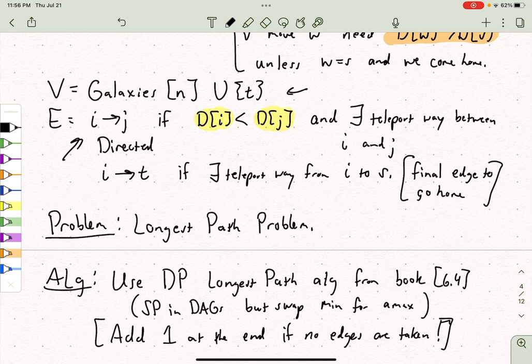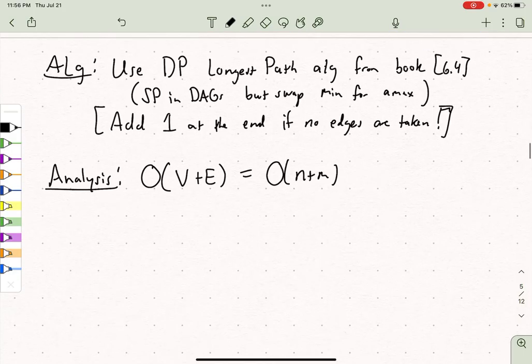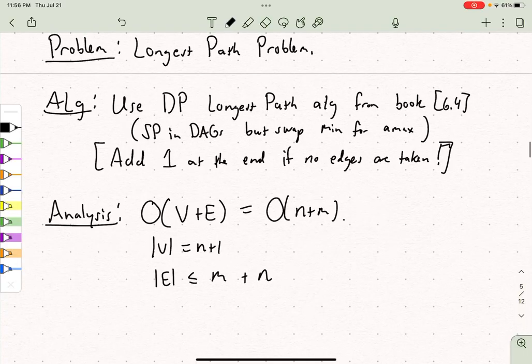We've only removed edges from the graph so that it's clearer which ones are allowed and not. So overall, number of vertices is n plus 1, and the number of edges is at most m. And then we also have the extra ones from everything to t. So that could be at most an extra n. So overall, it's O of n plus m.